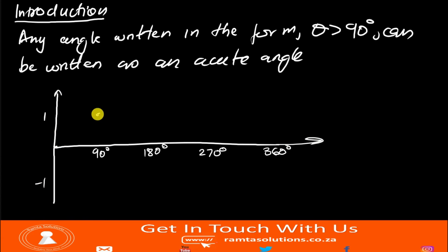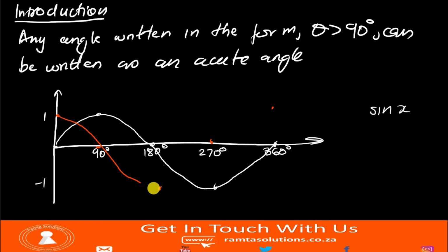For sine, you had something like this. This was for the sine graph. And then for cosine, you had something like this.